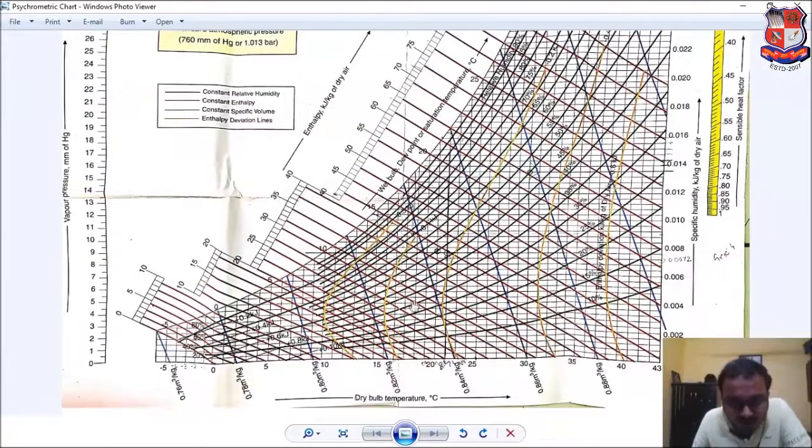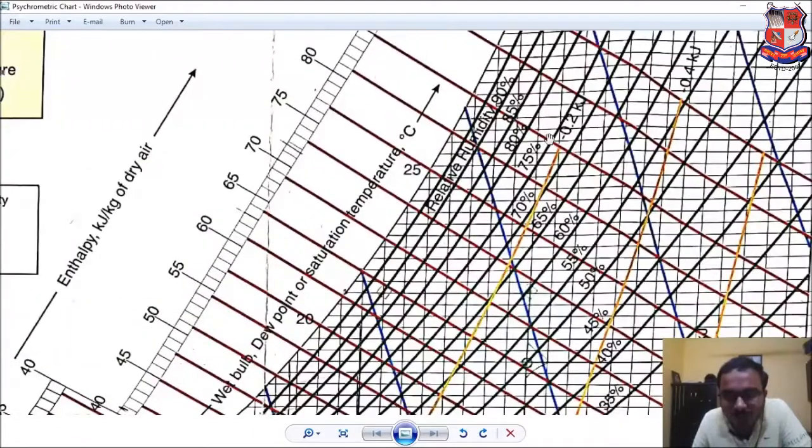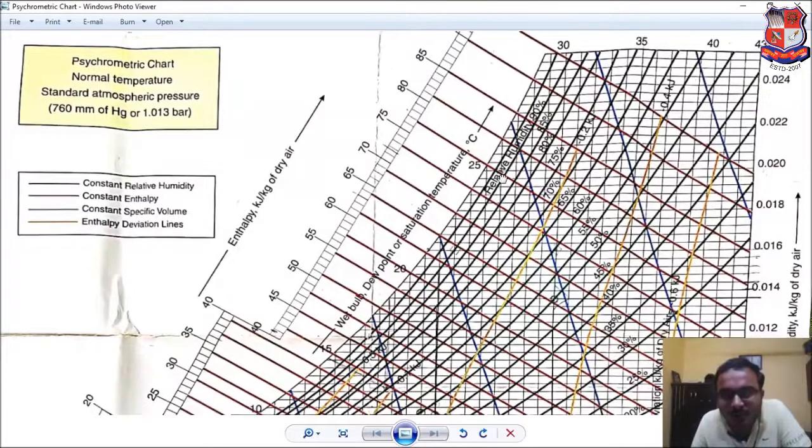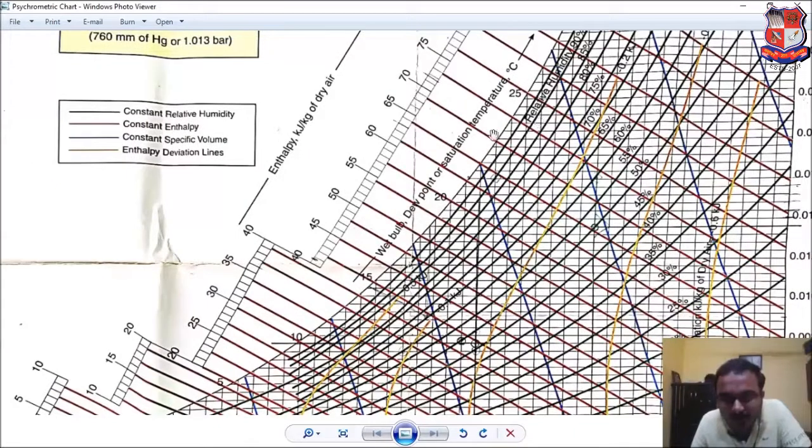So for wet bulb temperature we are focusing on the inclined red color line, and to obtain the dew point temperature we will be using the horizontal lines, and the values will be obtained on the saturation curve only.